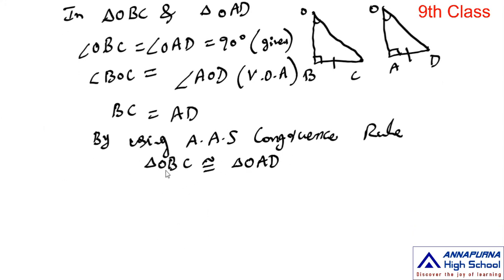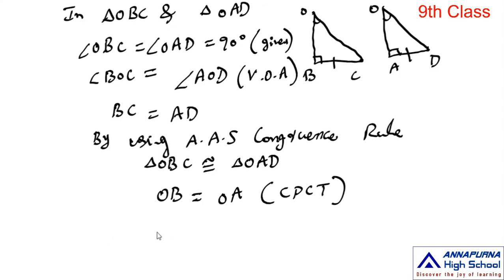So these two triangles are congruent, the corresponding parts are equal, the corresponding sides are equal, the corresponding angles are equal. So OB is equal to OA, since CPCT. What is the meaning of CPCT? The corresponding parts of congruent triangles. OB is equal to OA.